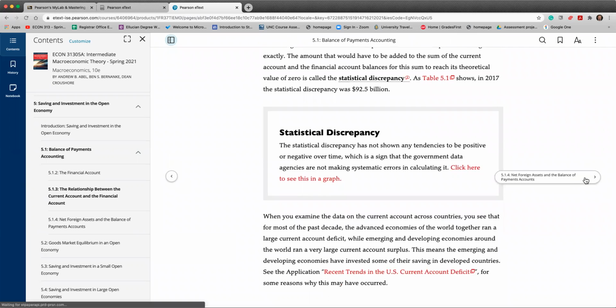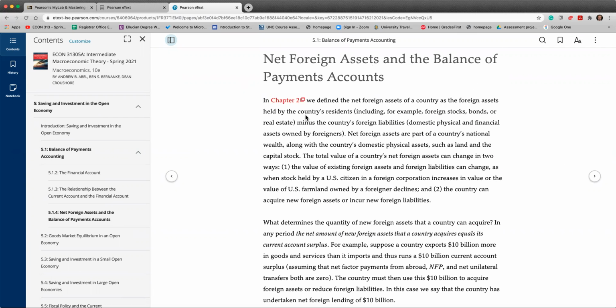So now we can think about the balance of payments accounts overall, and what's happening to the net foreign assets. Like it says, net foreign assets are part of a country's national wealth, along with the physical assets. So what happens with the balance of payments has implications for net foreign assets, and that has implications for a country's national wealth. That's the connection.